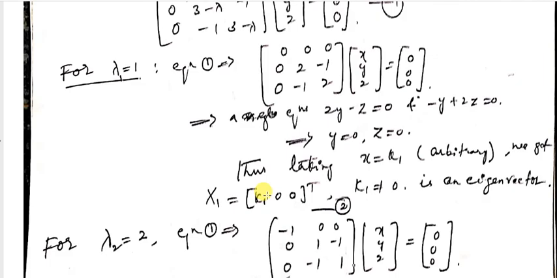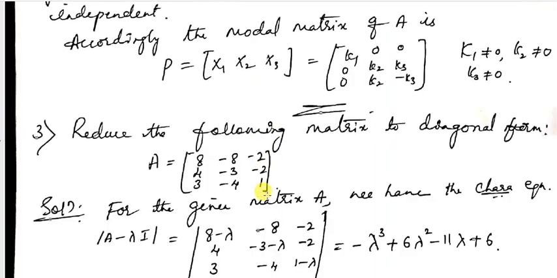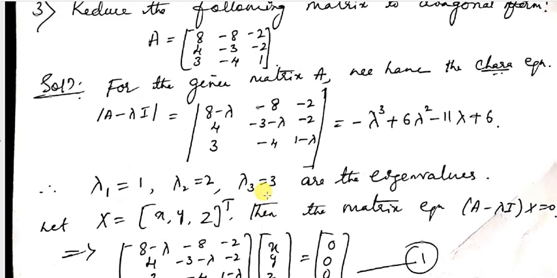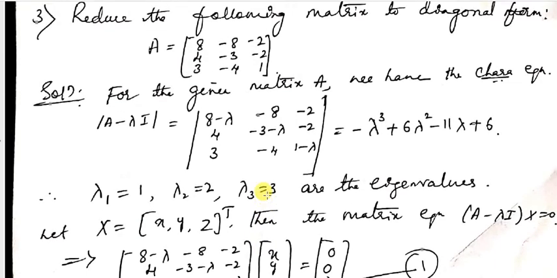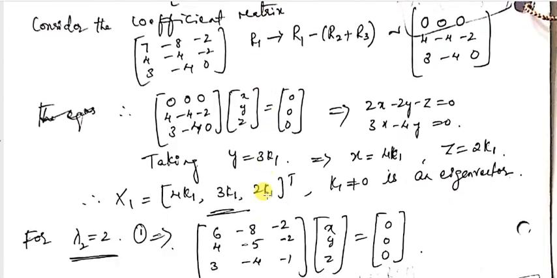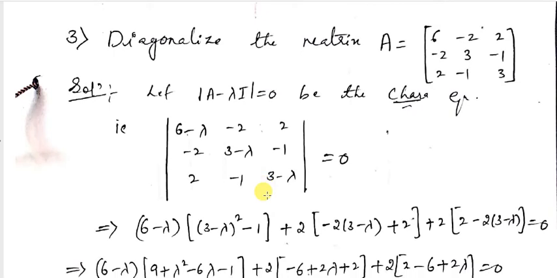I'll take one more example. The next example is: diagonalize the matrix A equal to 6, minus 2, 2, minus 2, 3, minus 1, 2, minus 1, 3.